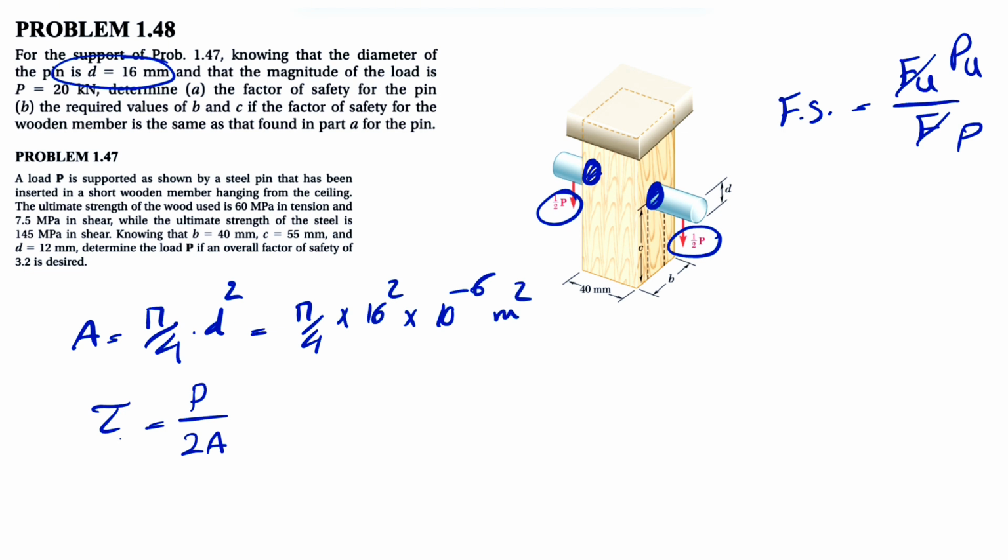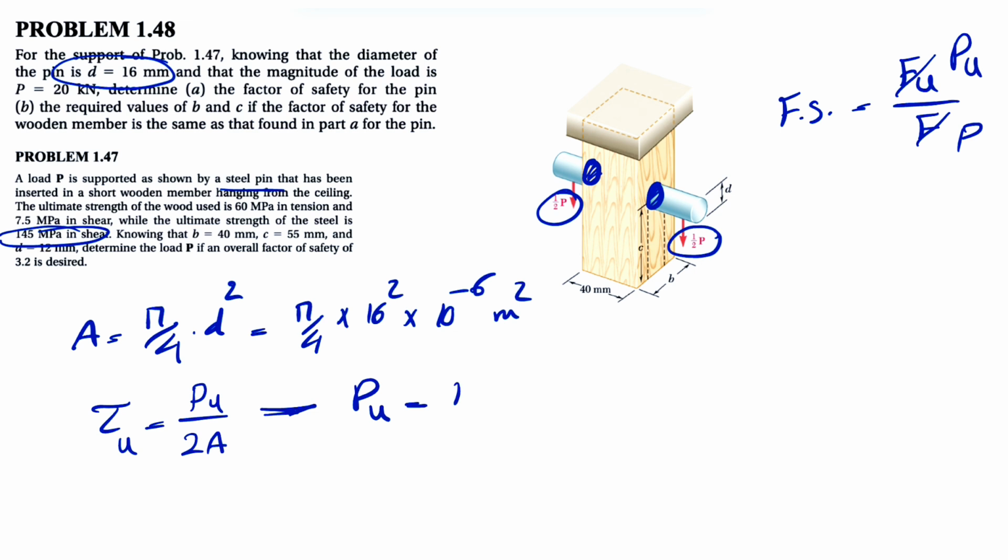We already have the P, so we have to figure out the ultimate P. So for that, we need the ultimate stress in order to find the ultimate P. And we know from the previous question that we have a steel pin, and the ultimate strength of this steel is 145 in shear.